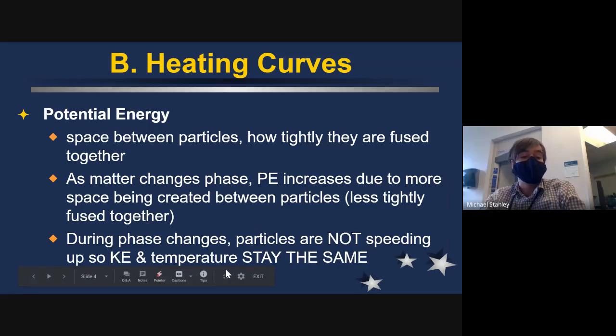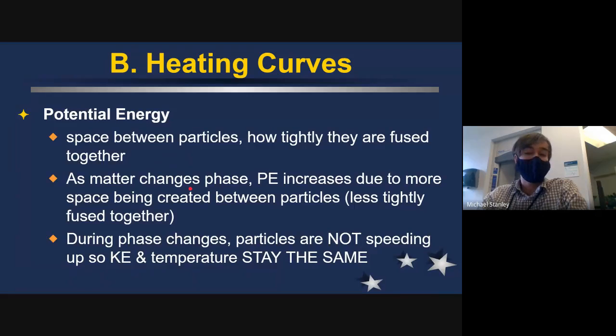Since they're not getting any faster, the kinetic energy stays the same, which means that the temperature also stays the same. So that's why on our heating curve, in between the solids, the liquids, and the gas, we have those flat sections. The temperature stays the same because the matter is not getting any hotter. Instead, it is changing phase.